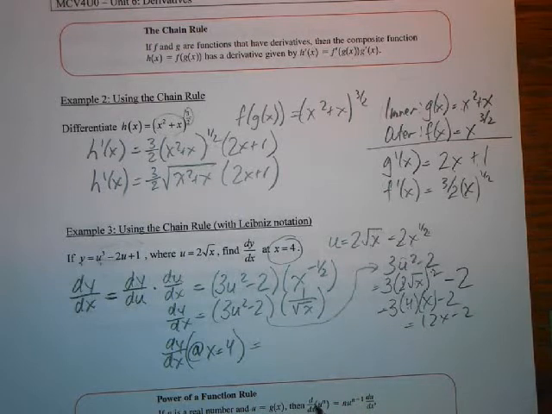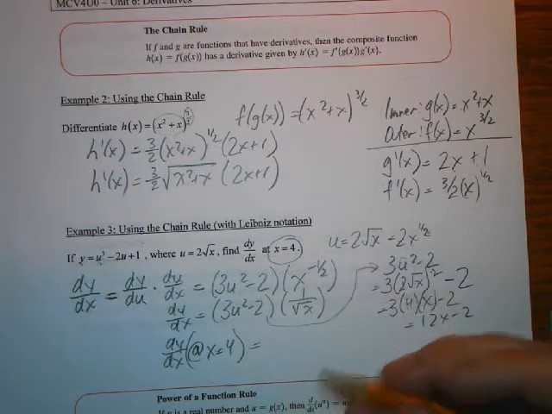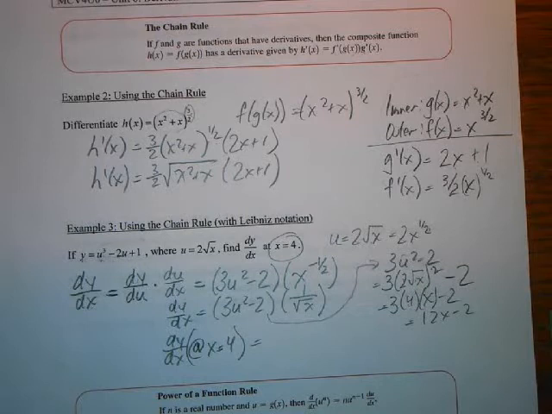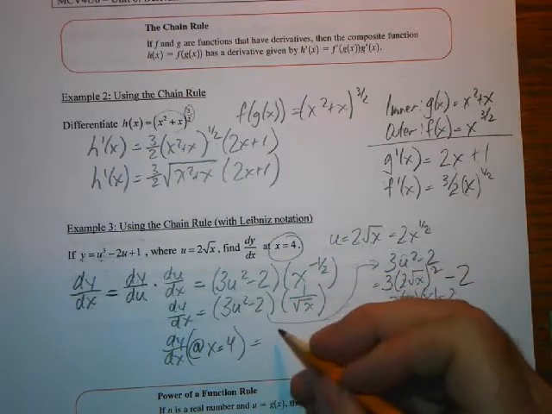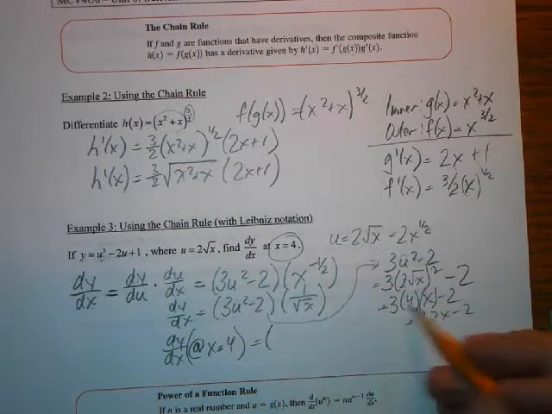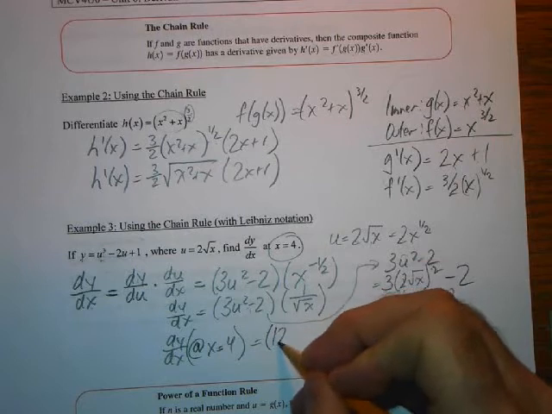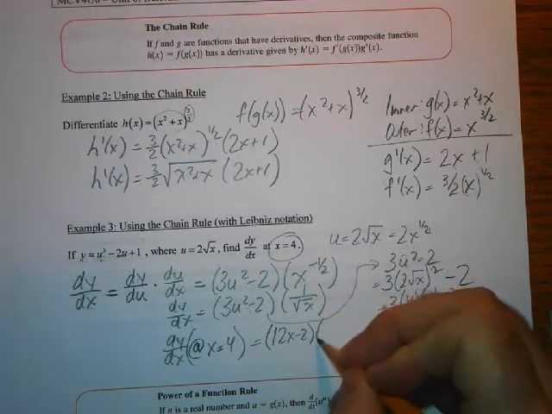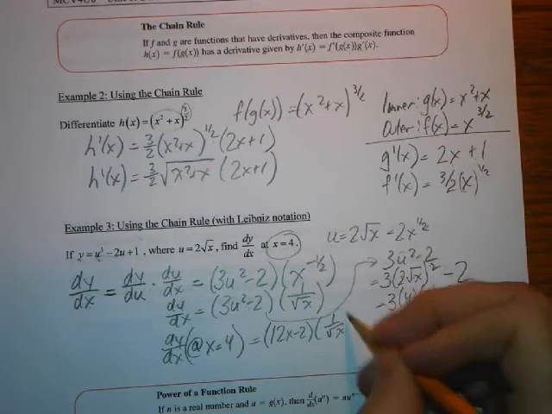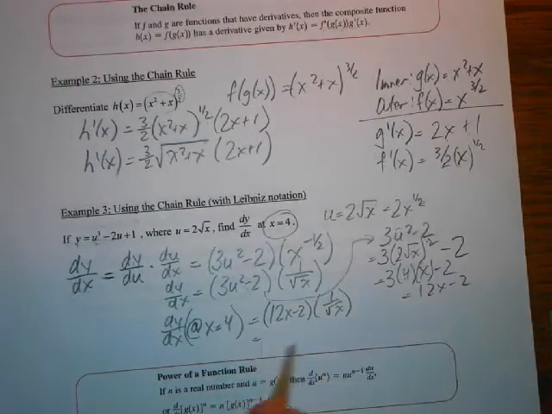Okay, so I'm now going to replace, well, I won't plug in the x yet, but I'll just show you. You replace the 3u squared with 12x minus 2, and that's times 1 over root x from before. And now we plug in the 4.